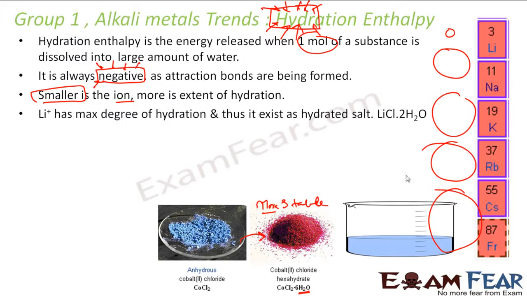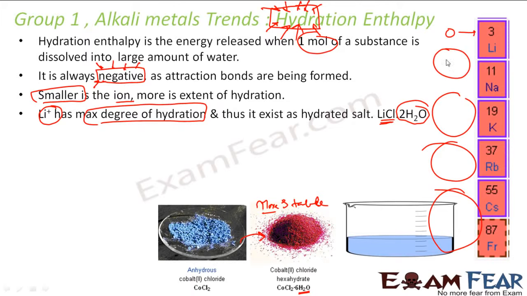And why? Because the smaller the ion, the more it can absorb water molecules. So here also, since lithium was smaller in size, as we have discussed, and sodium is a little bigger, lithium plus will have the maximum degree of hydration. That's why LiCl generally exists as a hydrated salt, because it has the tendency to absorb water.